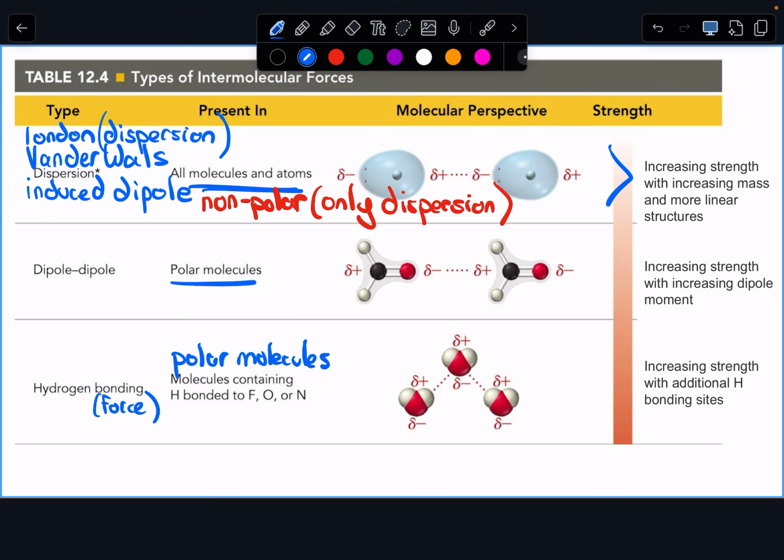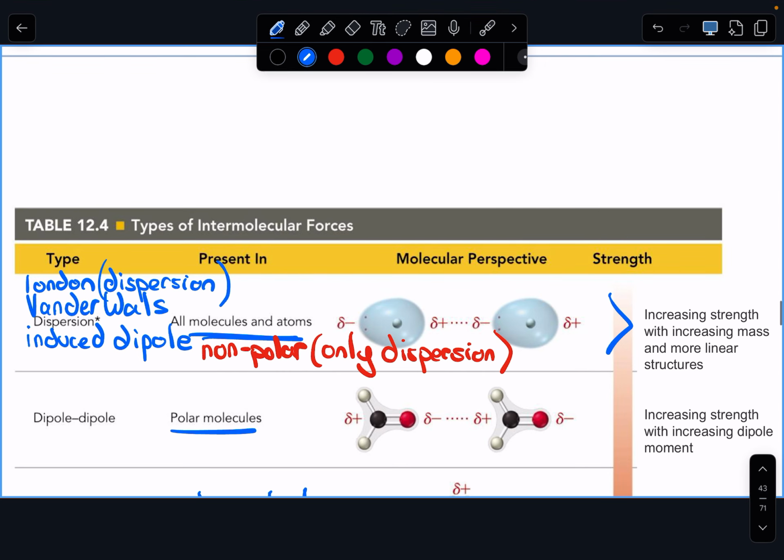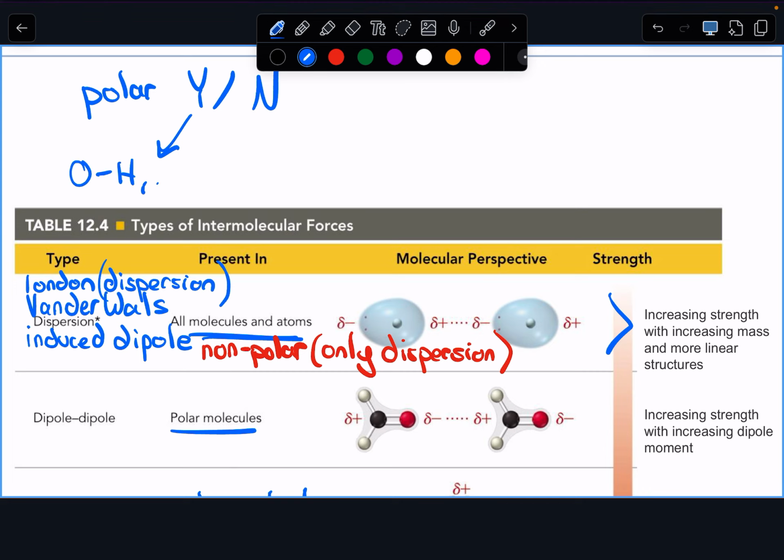So what is that when you ask a question and then yes or no? Like a flow chart, yeah. Okay, so the first question of your flow chart is: is it polar or not? If it's polar, then you need to look for those special bonds.